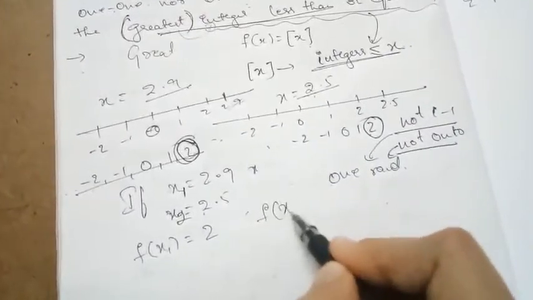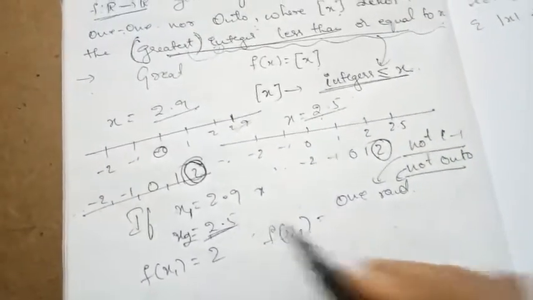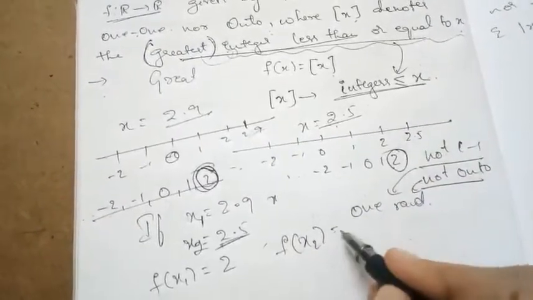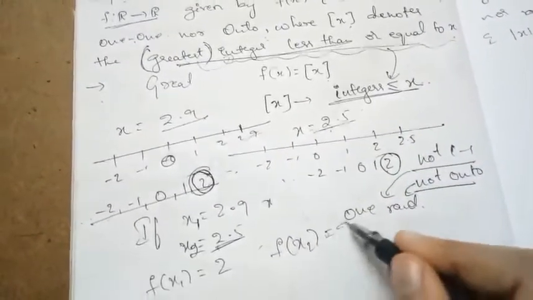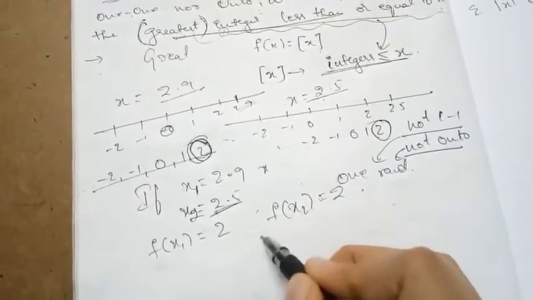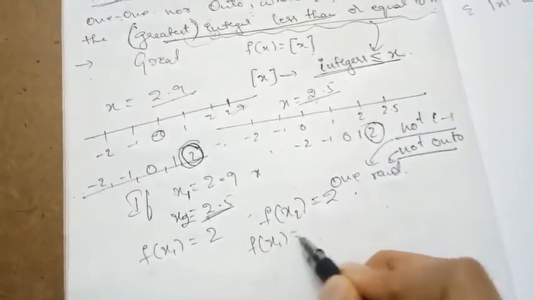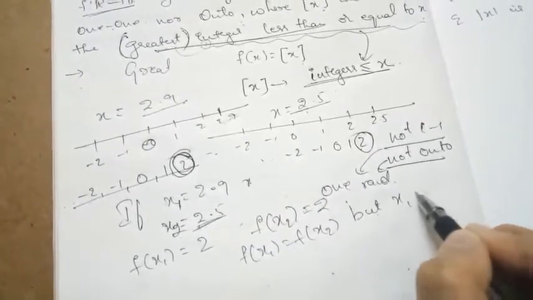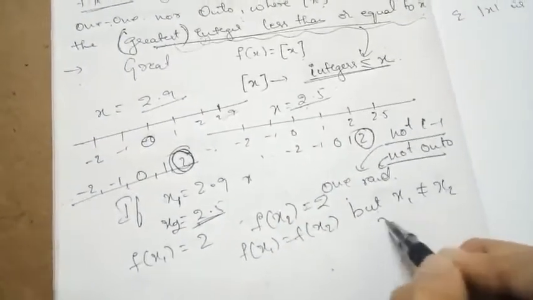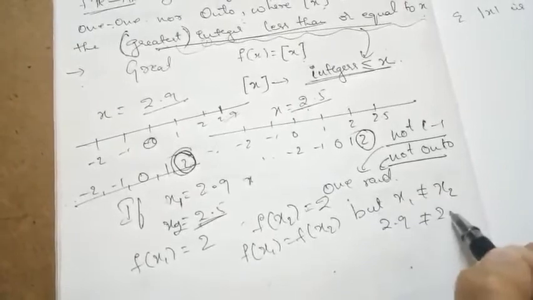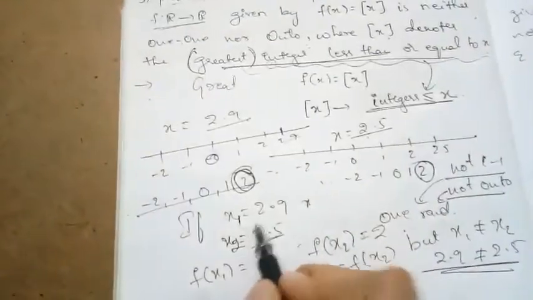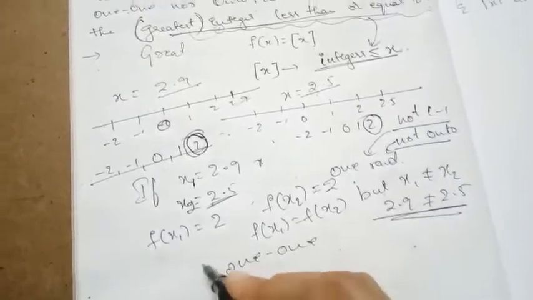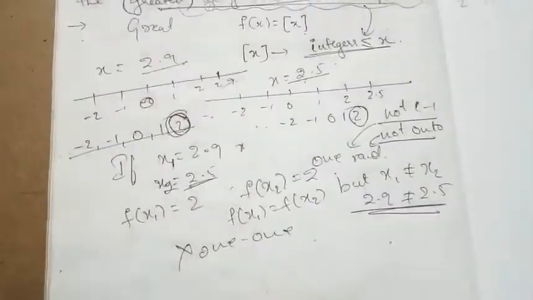What about f of x2? x2 is 2.5, and the greatest integer less than or equal to 2.5 is also 2 itself. So clearly f of x1 is equal to f of x2, but x1 is not equal to x2 because 2.9 is not equal to 2.5. So it is not a 1-1 function.